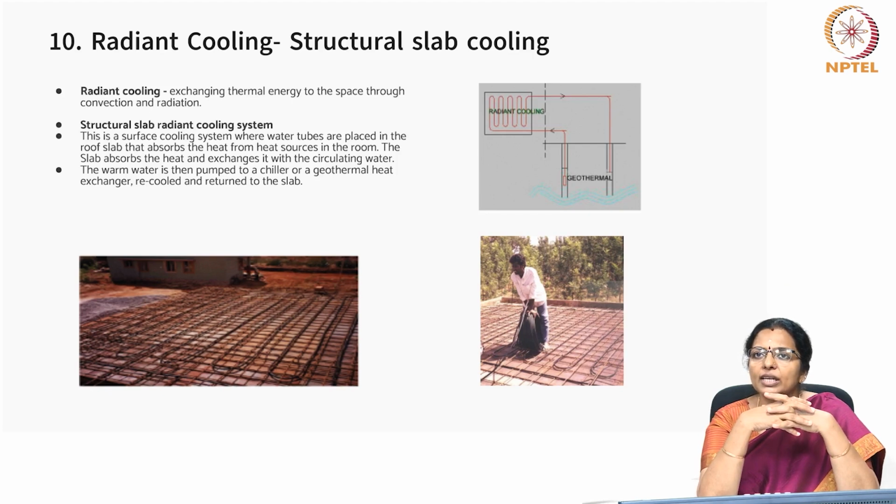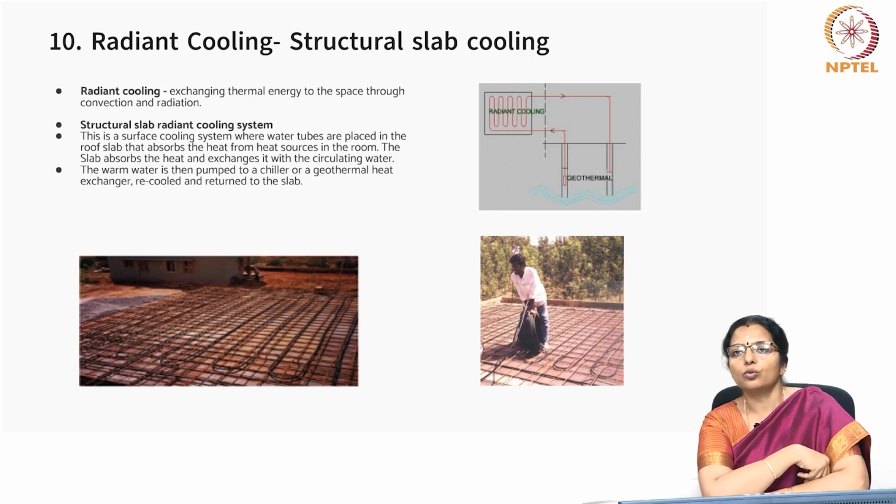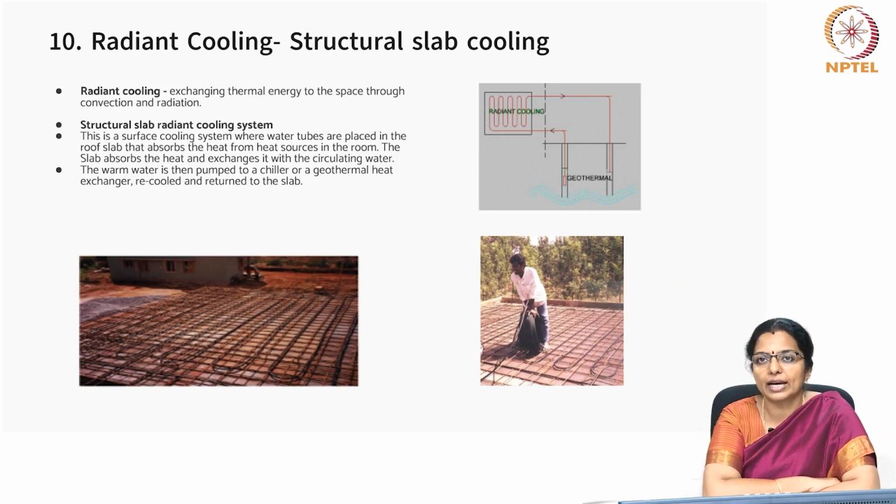So, radiant cooling is exchanging thermal energy to the space through convection and radiation. Structural slab radiant cooling system is a surface cooling system where water tubes are placed in the roof slab, which absorbs the heat from heat sources in the room.